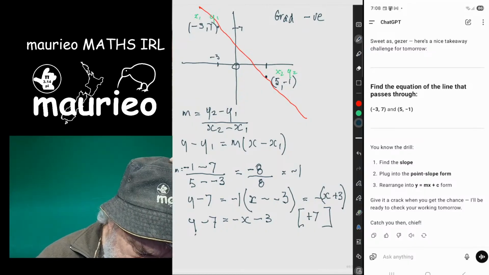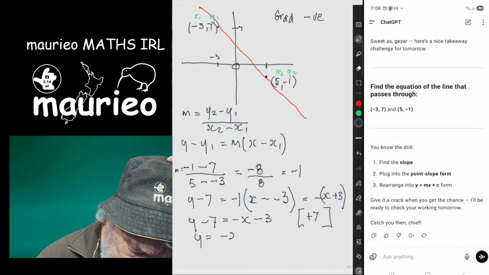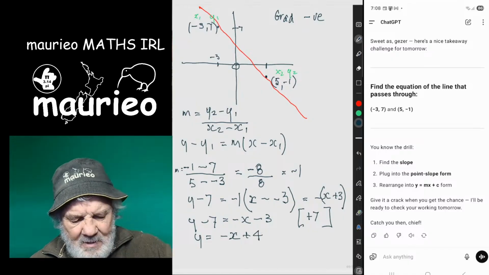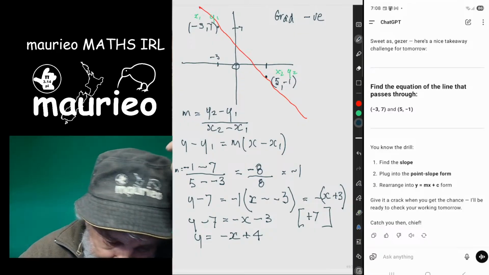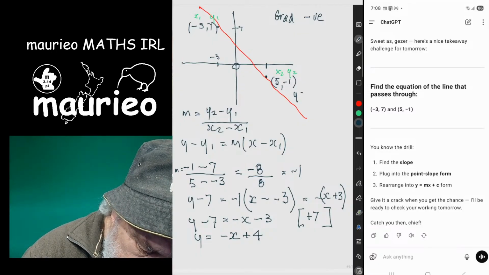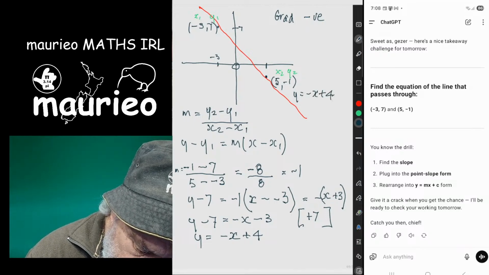Okay, and so we get y equals -x plus 4. And that's the equation of the graph: y equals -x plus 4.